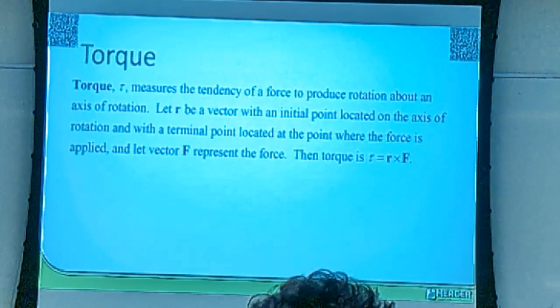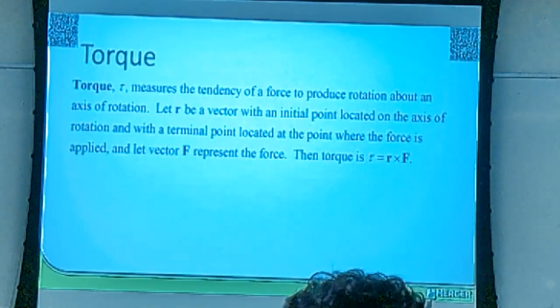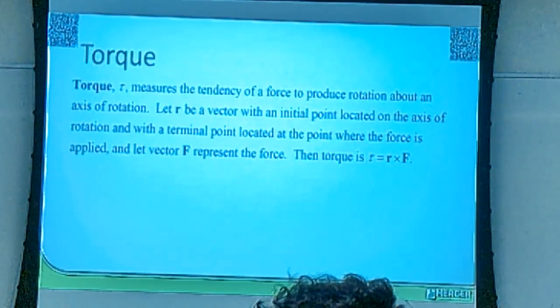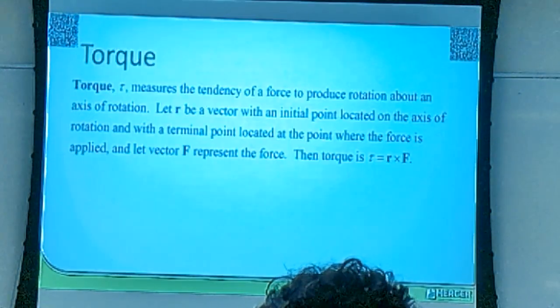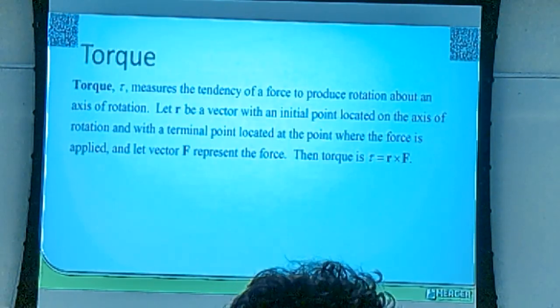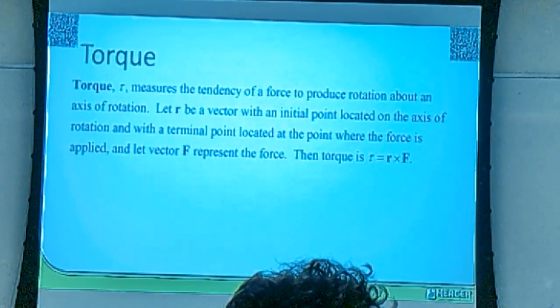So if R is a vector with initial point located on the axis of rotation and terminal point located at the point where the force is applied, so think of R as the radius, and F is the force being applied, your torque vector is R cross F.